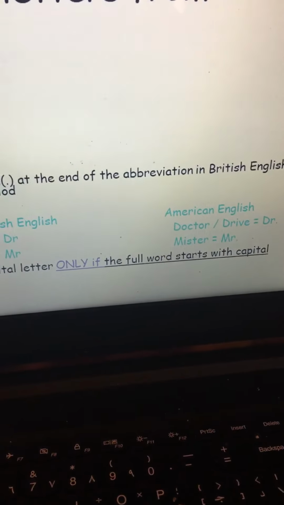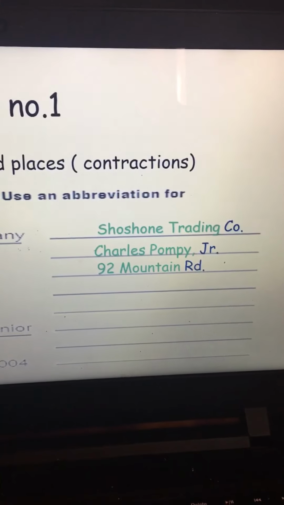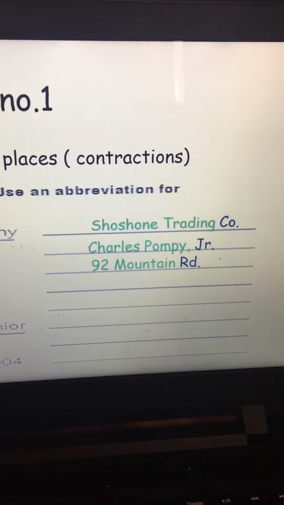We use the contraction rules. Look how I put the period after the abbreviation because we are using American English.